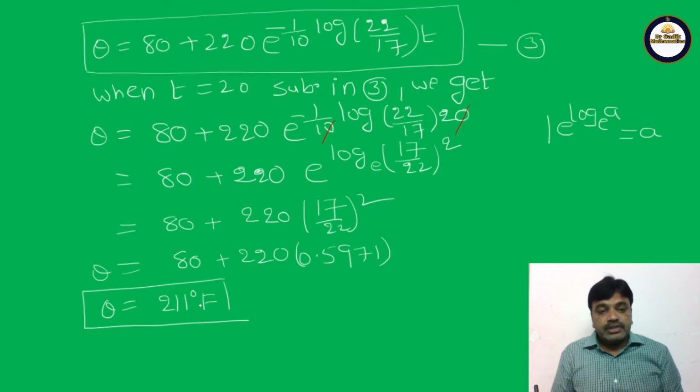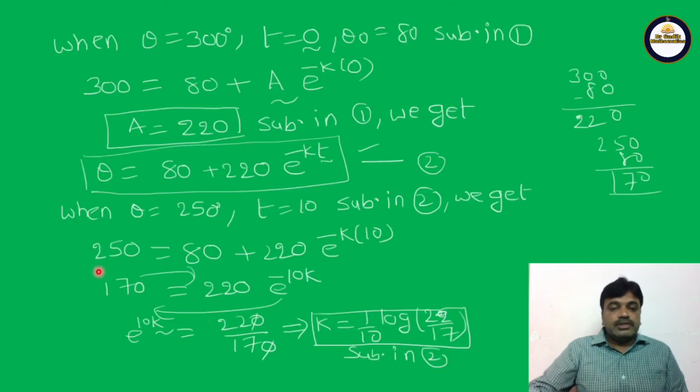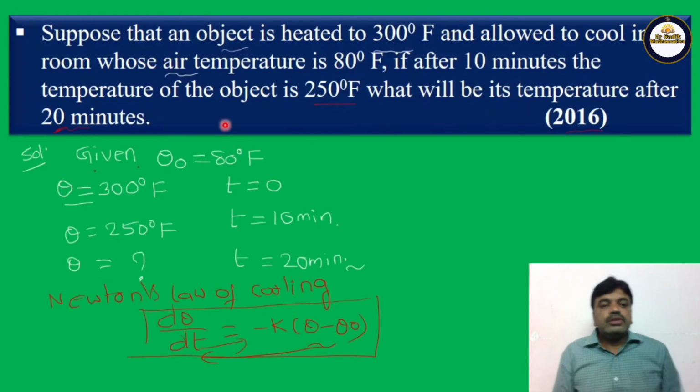This is the temperature after 20 minutes, friends. Once again friends, this problem is very important and a previous year question. Listen carefully and practice twice and thrice. I observe here the surrounding temperature is 80 degrees Fahrenheit, so you write theta naught is 80 degrees Fahrenheit.